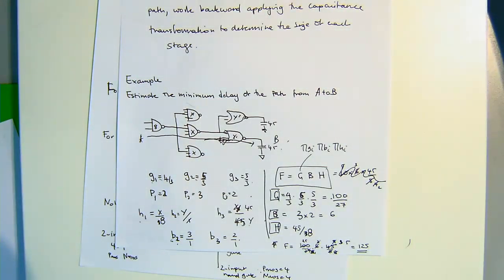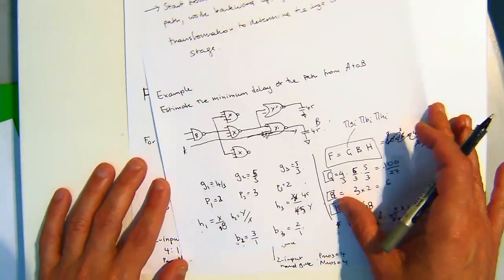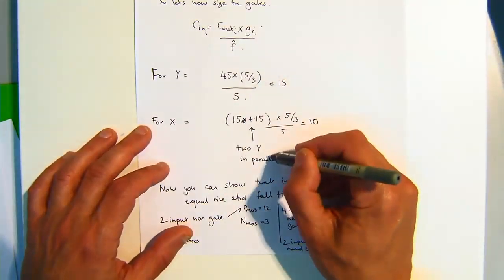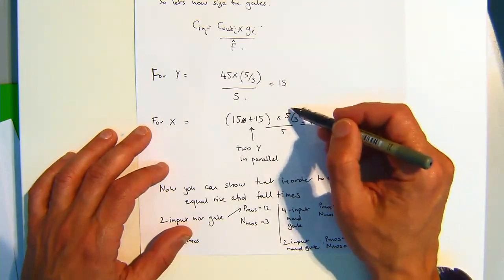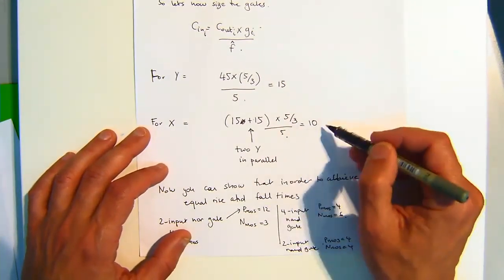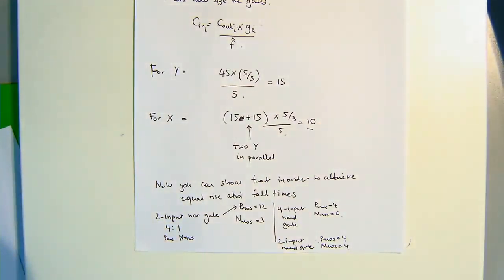I've actually put a branch in there, not to try to trick you, but to point out that you have to include the total capacitance when you're working out the size. So therefore it's 15 plus 15 because there's 2 Y's in parallel. The GI on the F gives you 10 units. So now you can work out what the size of all of these components is going to be.